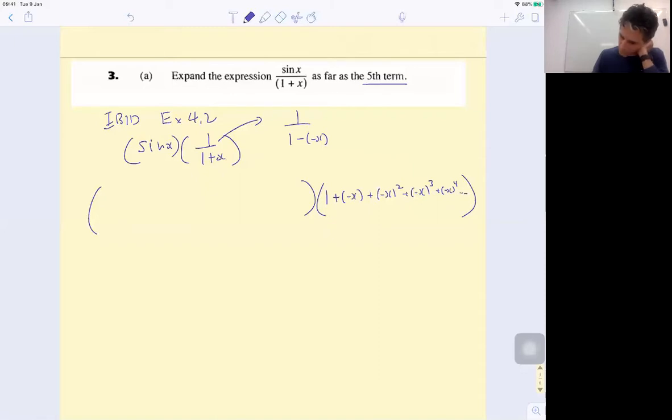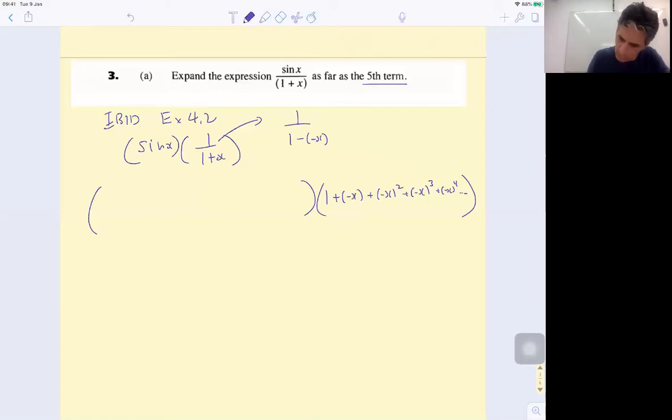Yes, 5 factorial is 120. So in this other bracket we have 1 minus 1 over 3 factorial, which is 5 over 6, plus 1 over 120, x to the 5th.